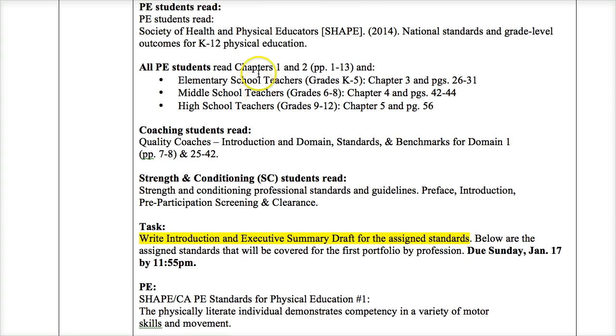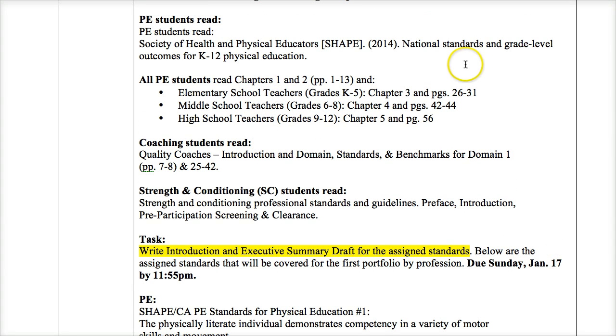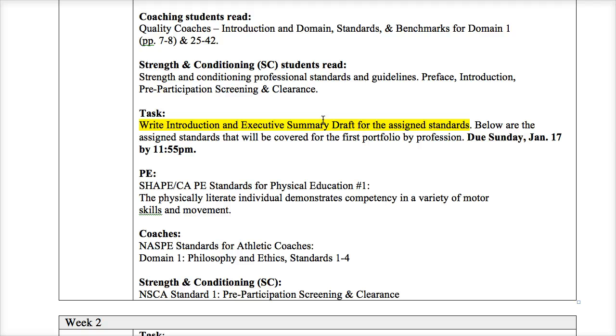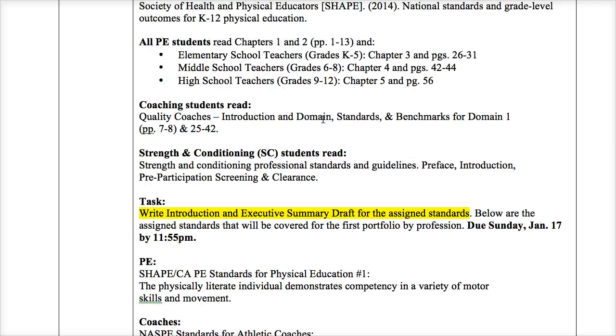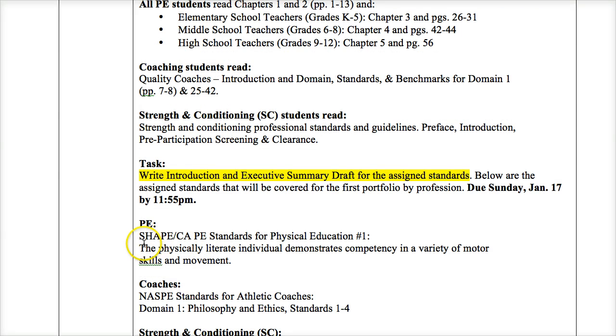And then at each grade level, we have specific grade level outcomes that are specific for each grade level. So if you are a PE teacher, you're going to provide an executive summary explaining to a non-PE person what this means.